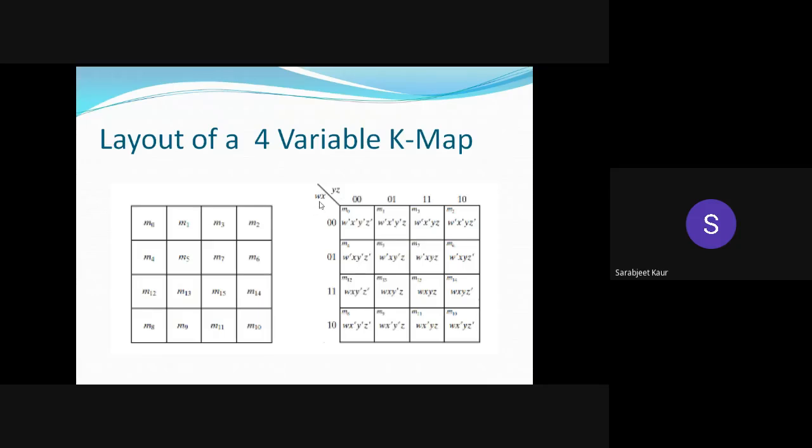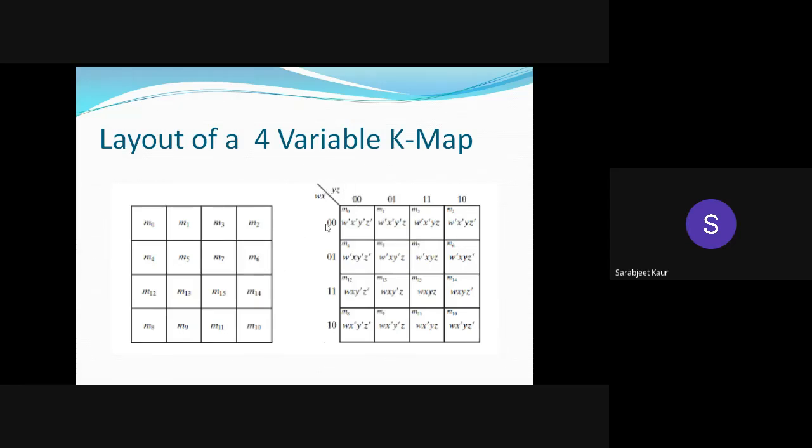Okay, so I have taken this axis to be wx and this axis to be yz. Okay, so if I have four Boolean variables w, x, y, z, I take the first two variables on this axis and the next two variables on this axis.